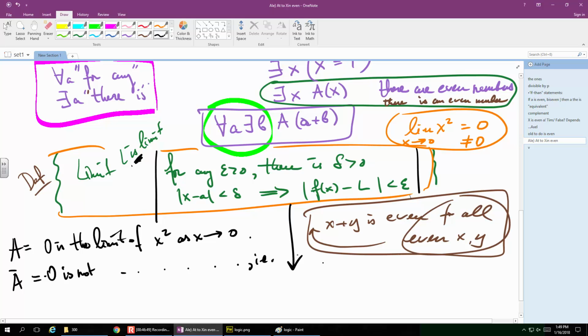So negation. How do I start? Instead of for any epsilon, what do I say? There is an epsilon greater than 0. Then what? Such that for any delta greater than 0. Sometimes for grammar purposes you have to insert things.